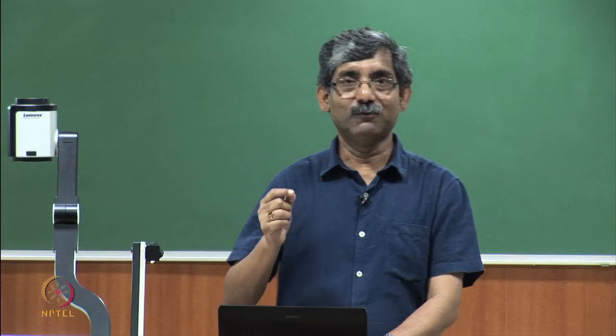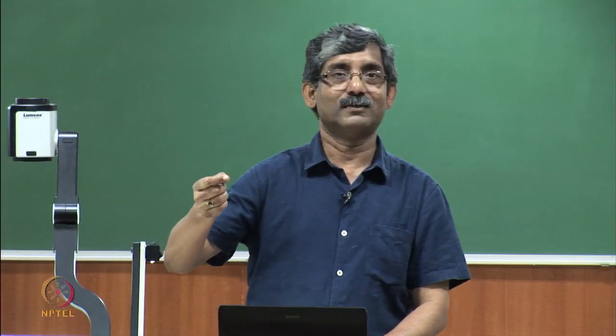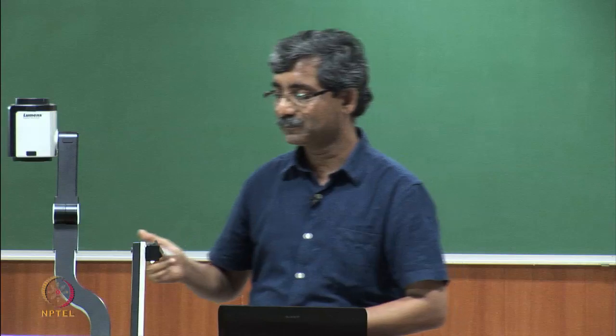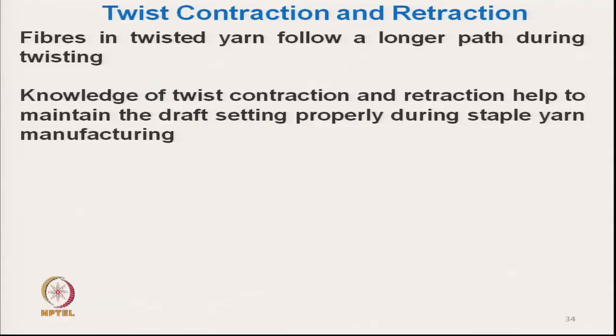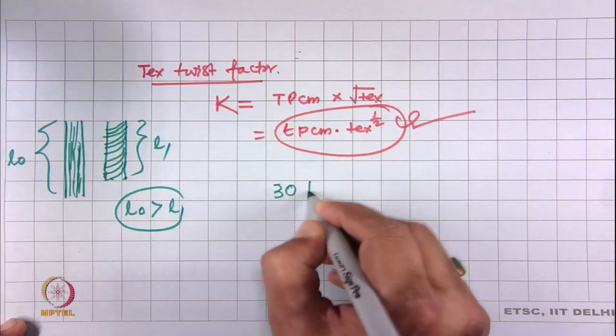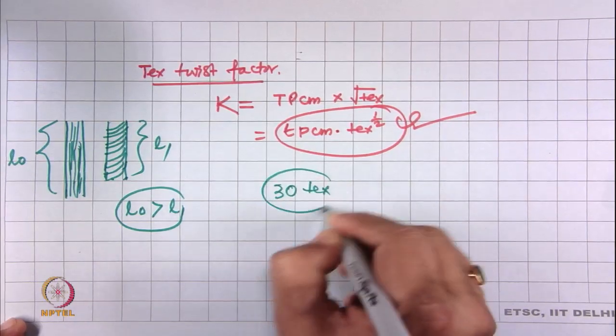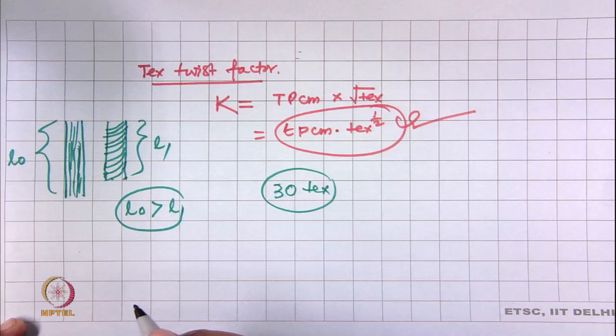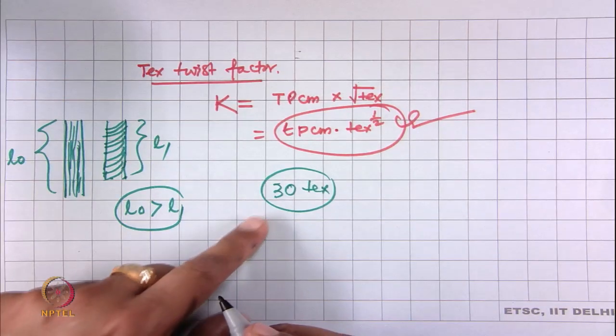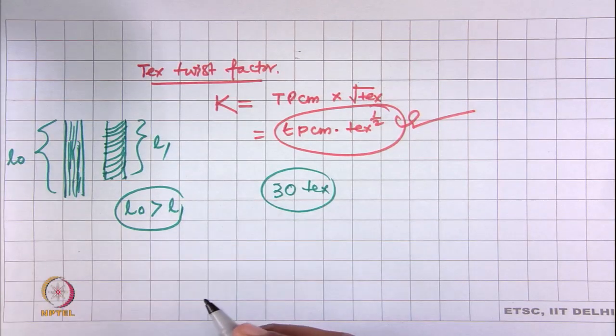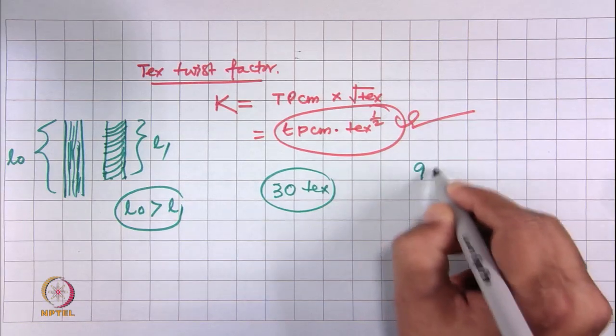Otherwise, suppose we want to have a yarn of say 30 tex from a roving of say 900 tex.